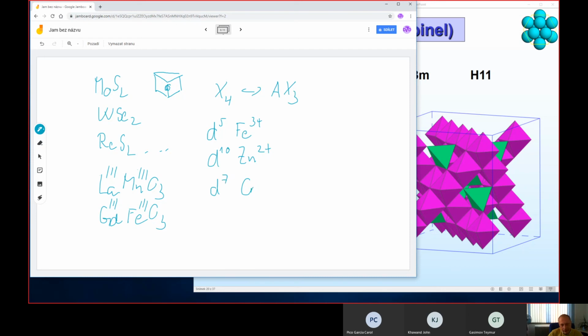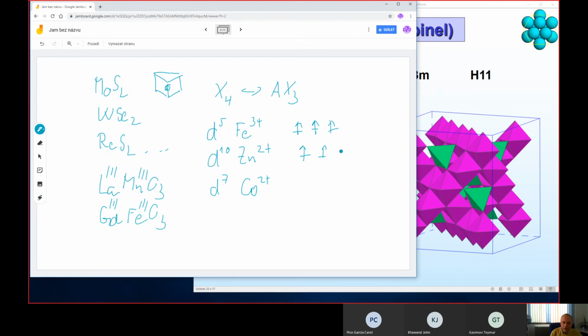D7, like cobalt 2+. In all cases, in tetrahedral positions, we have 2 levels and 3 levels due to crystal field splitting. And for D5, it would be this configuration. So we have an orbital singlet.